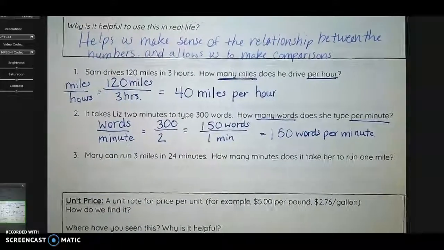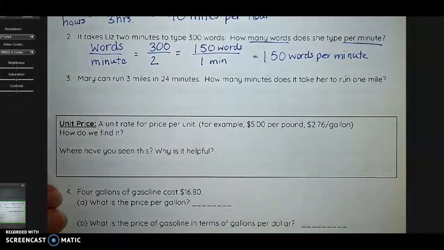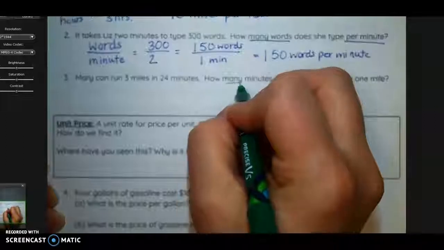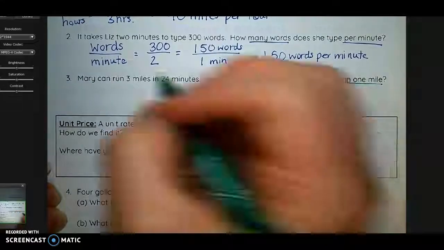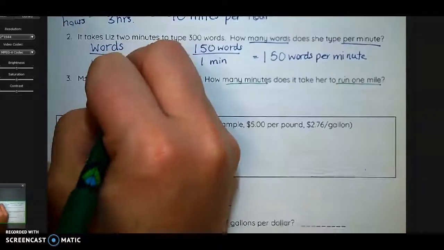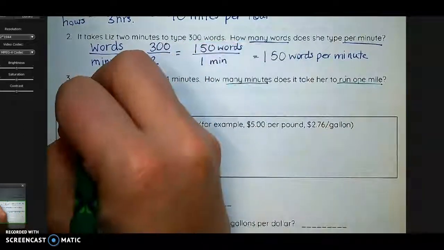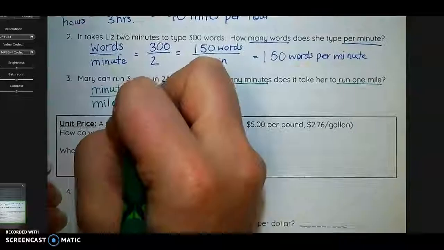Our next example there talks about how many miles Mary is running. So it says Mary can run 3 miles in 24 minutes. Then it says how many minutes does it take her to run 1 mile. So instead of the word per here, we see 1, and that's going to tell me the same thing.